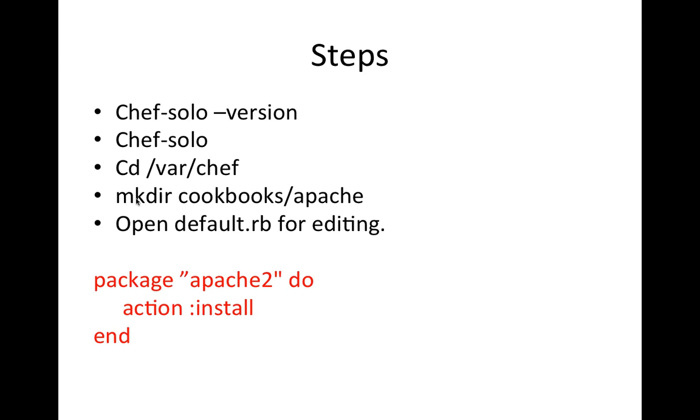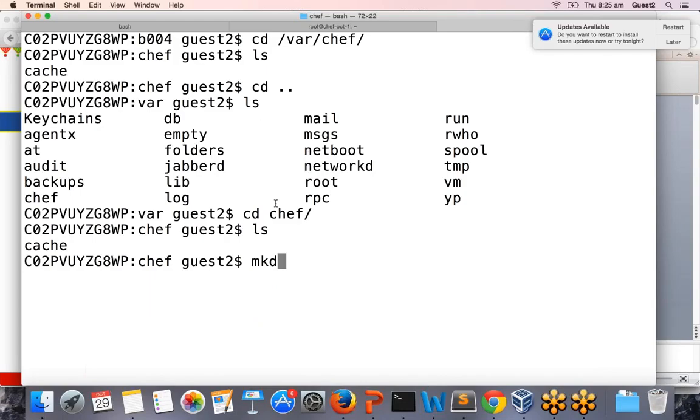So let's create one cookbook. Since we are going to install Apache, I'm going to name it Apache for better understanding. So I'm going to create a directory, mkdir cookbooks apache.